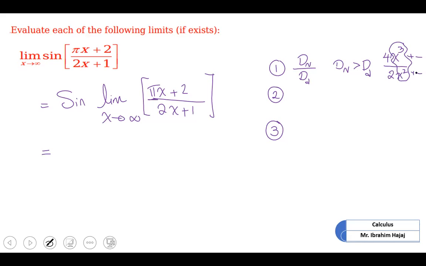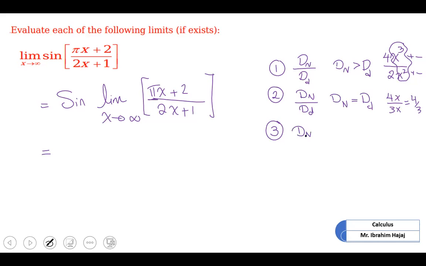The next case, when the degree of the numerator is equal to the degree of the denominator, we just take the leading coefficients, like 4x over 3x. In this case, your answer will be 4 over 3. We just take the leading coefficient up over the leading coefficient down.